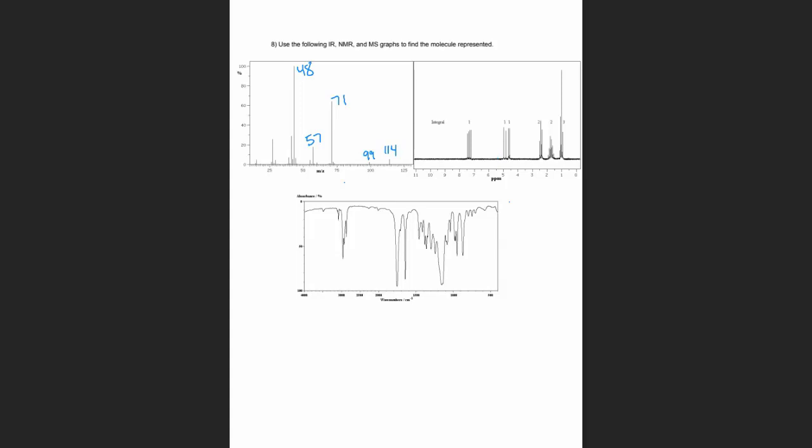Let's look at our, yes, that is 48. And then going to the IR, we do see peaks over here. Frank, the peak is 43. Yeah, oh, my bad. Yeah, that's 43. Okay, thank you.